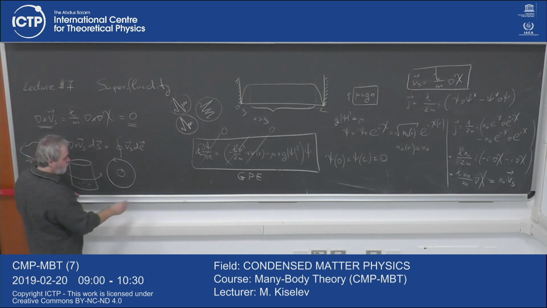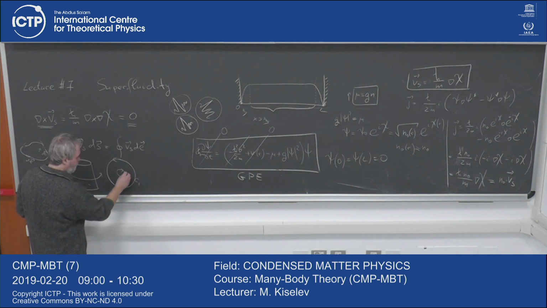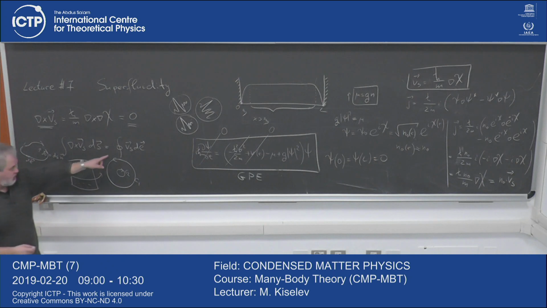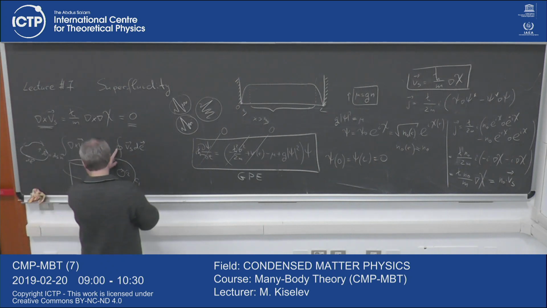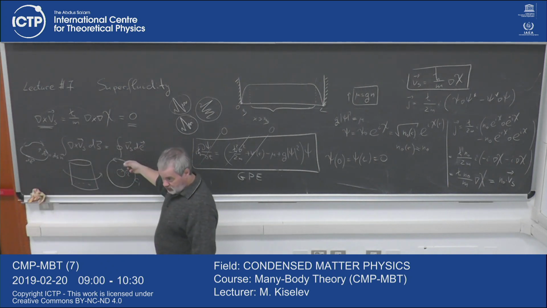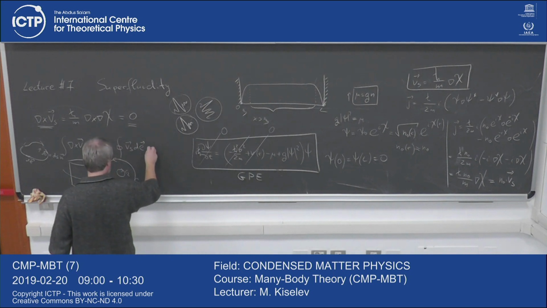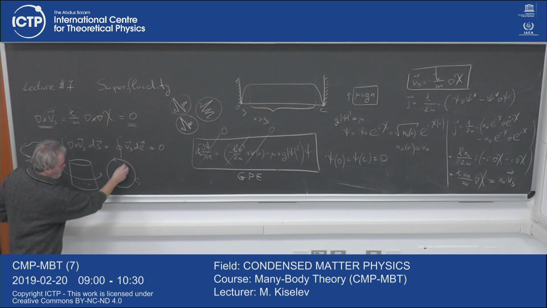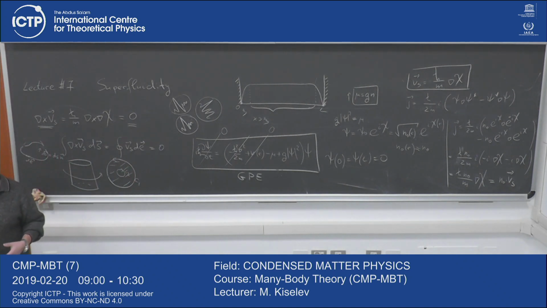We take the circle C1 and circle C2, and we are saying that this integral over the boundary is equal to 0, because we assume in this area the flow of the liquid is potential.